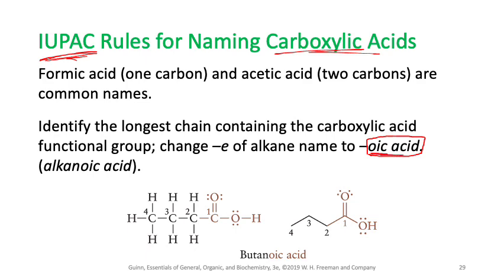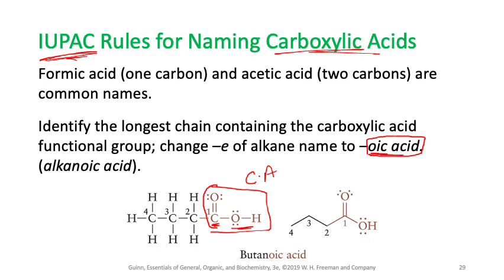So let's try to name a couple of them and learn. The moment I see this C double bond O and the same carbon has an OH group attached, I know this is a carboxylic acid group, right? And we have to give the preference to the carbon that has the carboxylic acid.